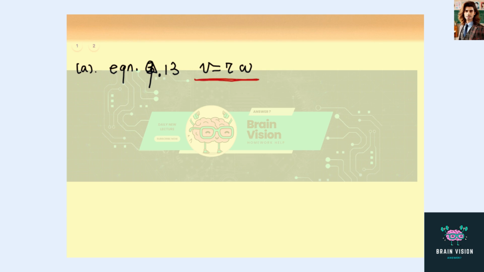Now we know all the variables of this equation. We can write this as omega equals v over r.